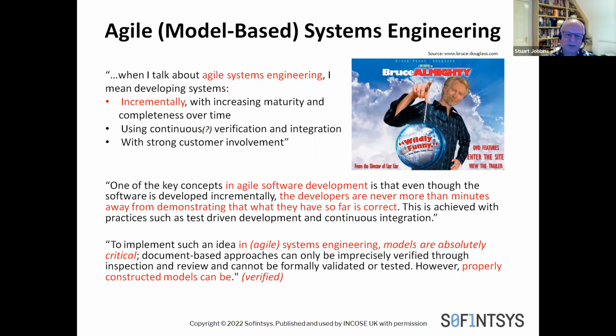So to implement that sort of idea in systems engineering, I think there is some reality to the statements he makes where models are absolutely critical. In my world, I'd much rather validate at a model level that my concepts have legs, that they can work, without starting to commit possibly very expensive implementation or invest in tooling or whatever.